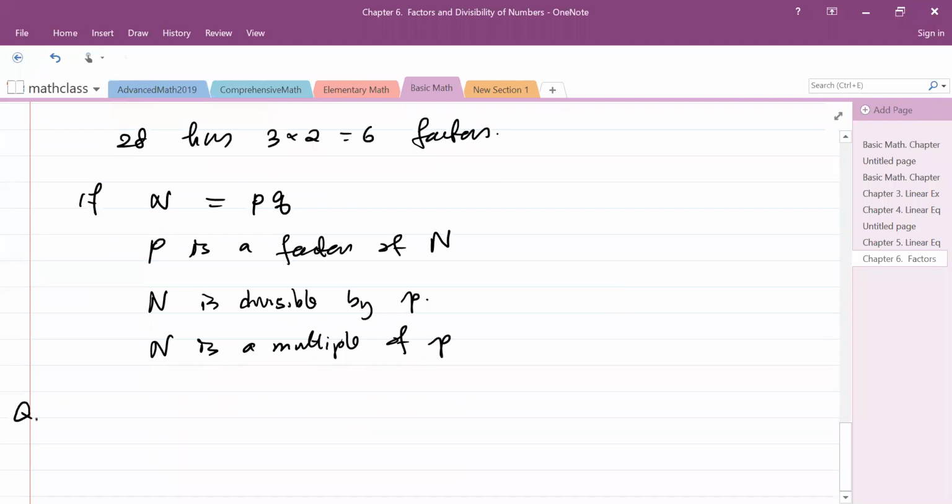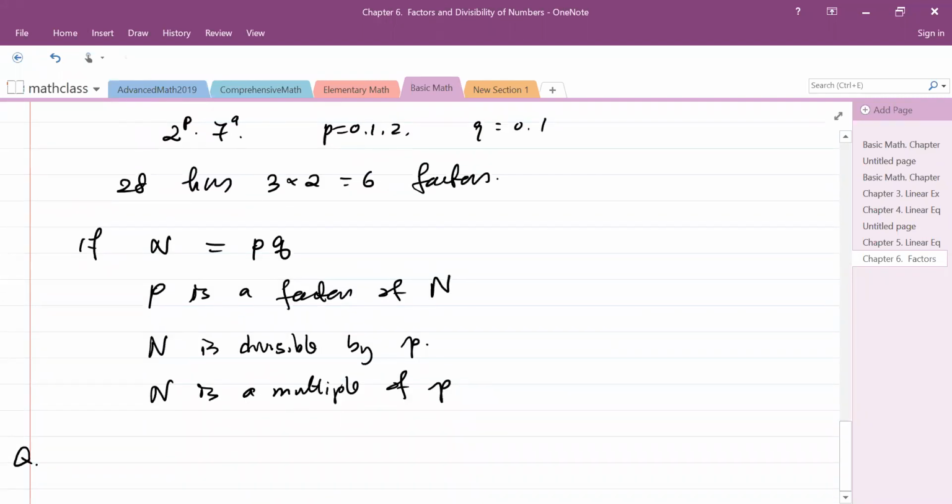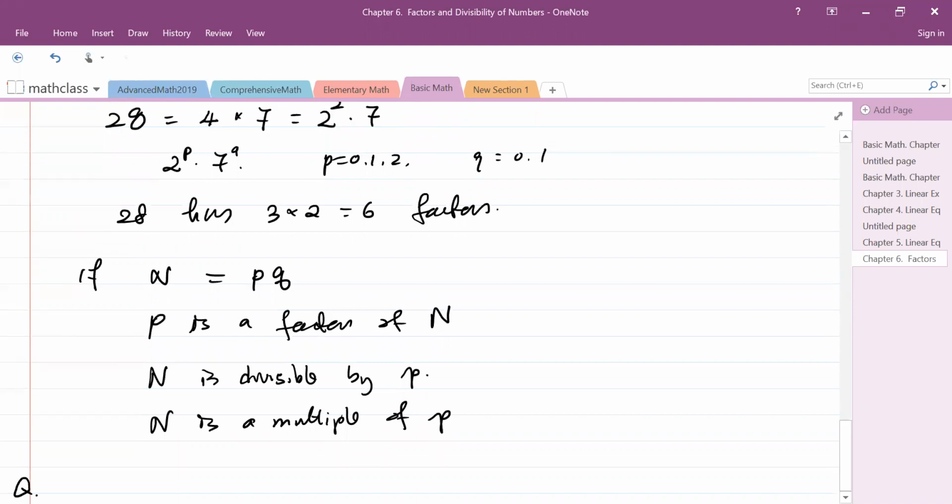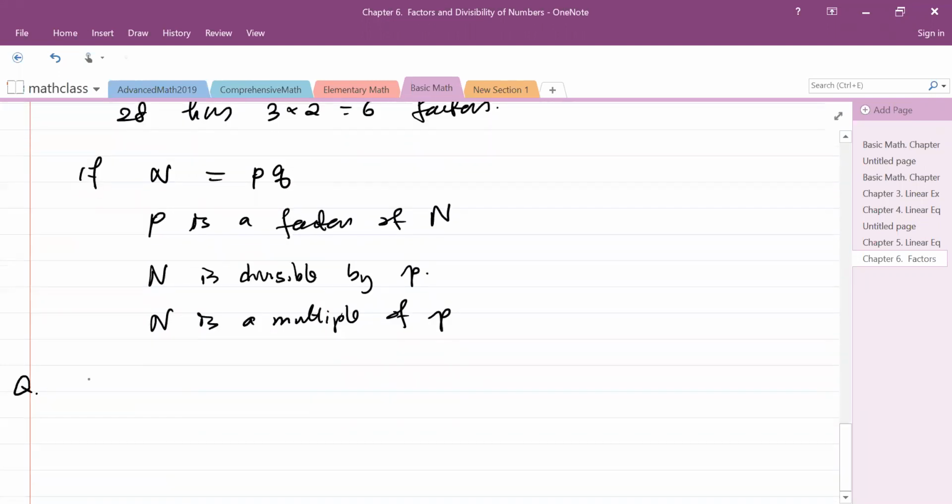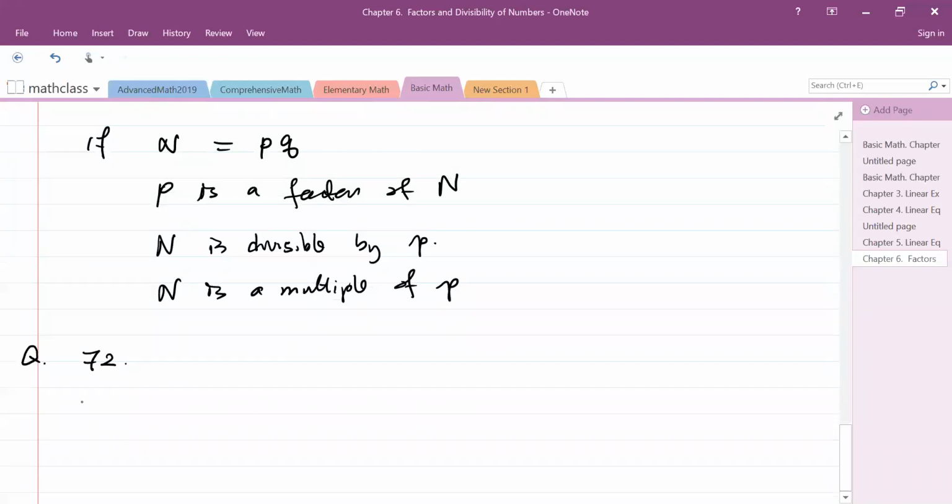Now let's do the next problem. Let's try 72. Look at 72.